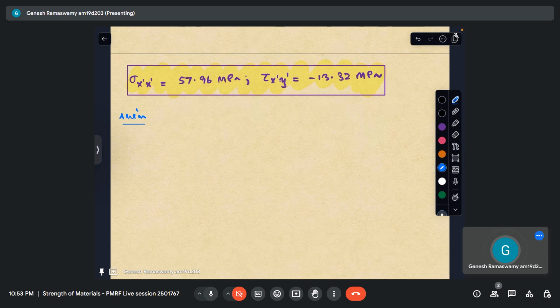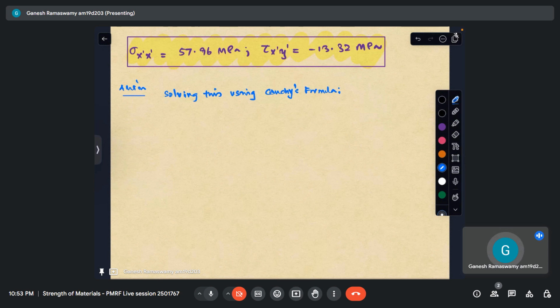I'll just solve this using Cauchy's formula. So our aim is to find out sigma x prime and tau x prime y prime on a plane whose normal is cos 50 and sin 50.